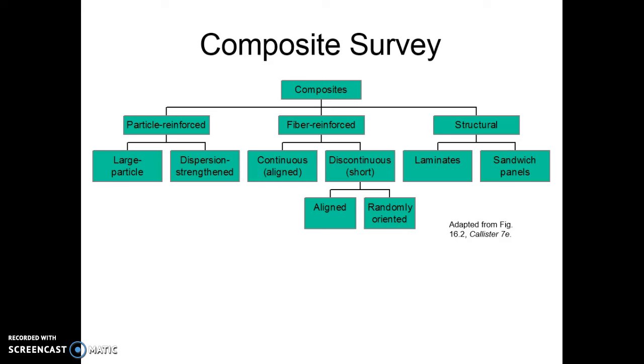Particle reinforced consists of large-particle reinforced composites and dispersion strengthened composites. Fiber reinforced consists of continuous and discontinuous fibers, and discontinuous are further classified as aligned and randomly oriented fiber composites. Structural composites are laminates and sandwich panels.